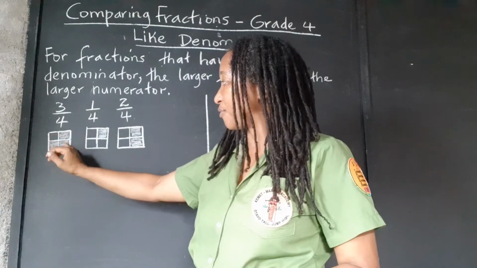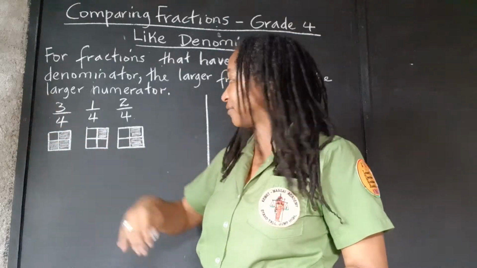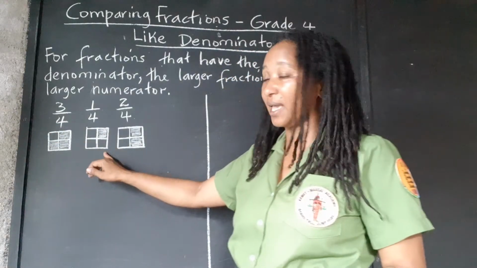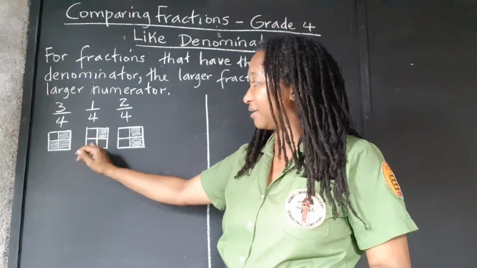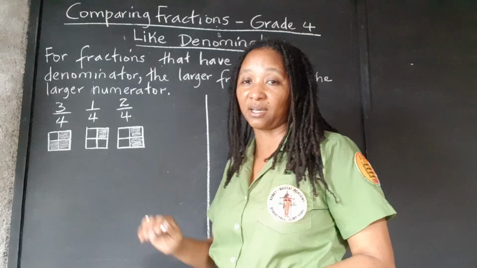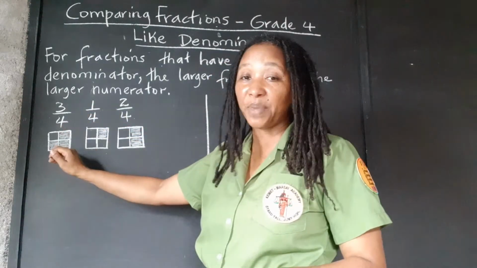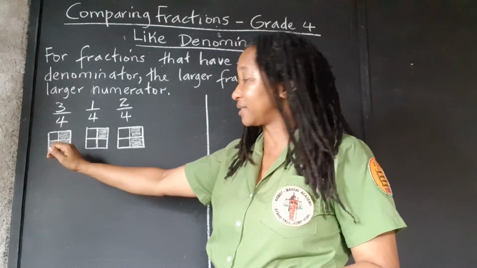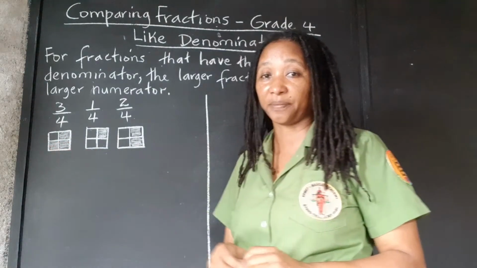Obviously the one with 3 parts of it left and only 1 part taken off. This cake has only a quarter left and 3 parts are taken off. And this cake has a half of it taken off. So you see that 3/4 is the biggest of the 3 diagrams here.